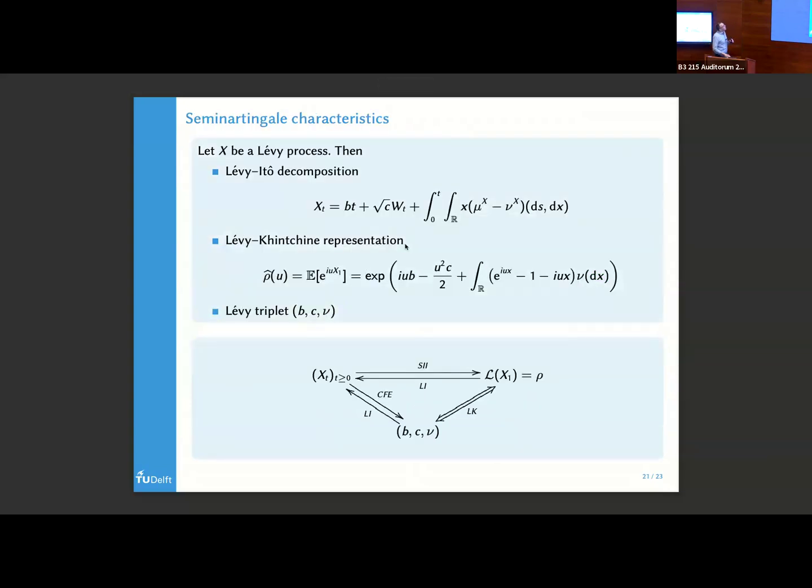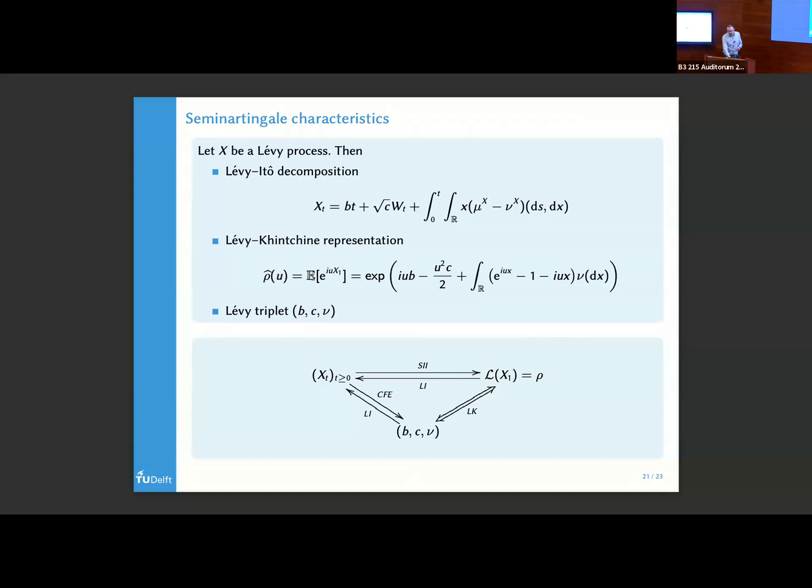Okay, so let's look first of all at Levy processes. So I think everybody in this audience knows a little bit about Levy processes. So you have basically 3 main characterizations of a Levy process. You can characterize the path by the Levy-Ito decomposition, and it tells you that you can decompose the path into a drift term, a continuous martingale part, which is Brownian motion, and the pure jump part, which is a martingale.